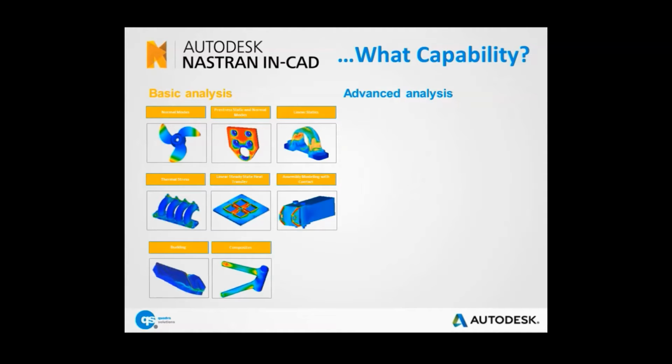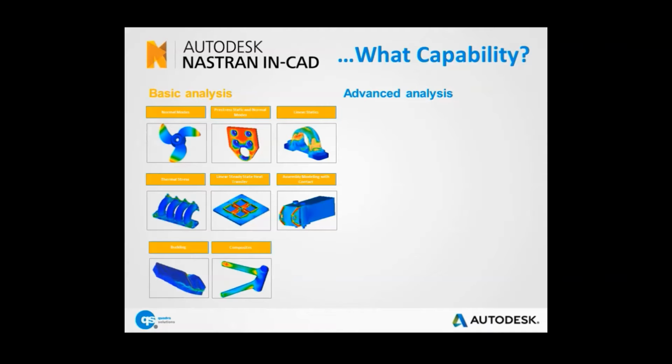In the orange corner, we have normal modes, which determines the undamped natural mode shapes and frequencies of structures, which allows you to resolve problems with noise and vibration, for example. You have pre-stressed static and normal modes to analyze structures subjected to initial stress, and you can also model the effect of the initial stress state on the structure's displacements, secondary stresses and modes.